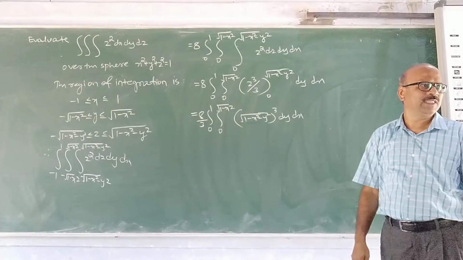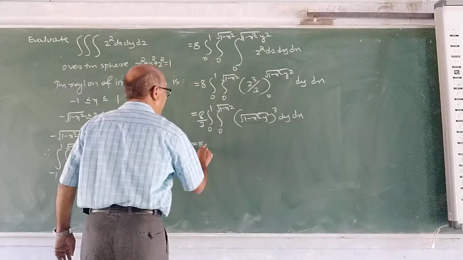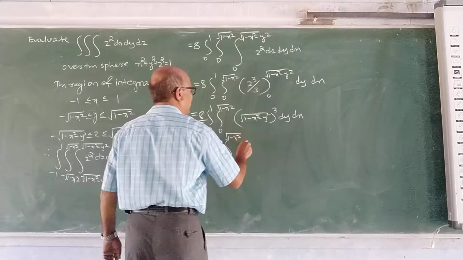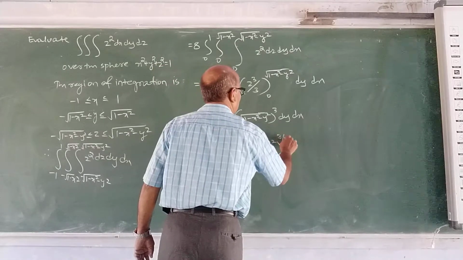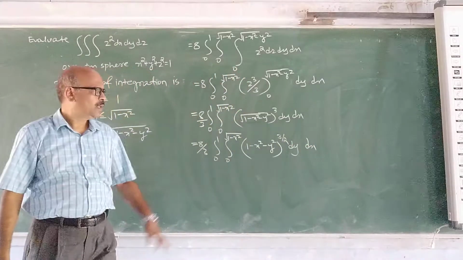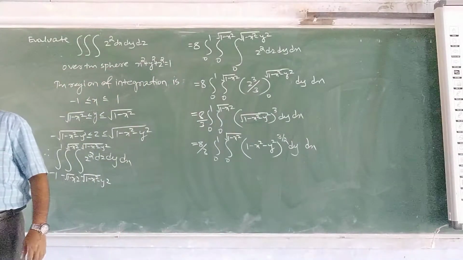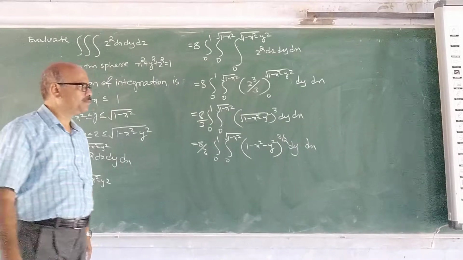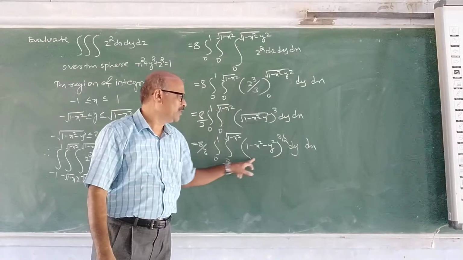To follow the limits, how limits are taken? 8 by 3, 0 to 1, 0 to root 1 minus x square, 1 minus x square minus y square raised to 3 by 2, dy dx. The root raised to 3 is 3 by 2. Raised to 3, whole raised to 3 by 2. Now we have to integrate with respect to y.